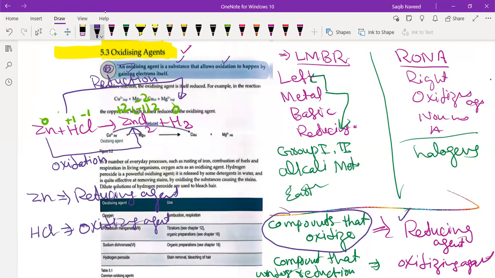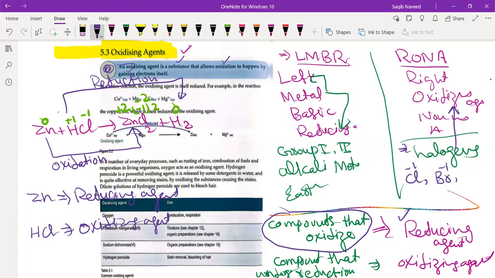For example, what I have told you for the concept is that halogens are oxidizing agents, right? So what are the examples of halogen? Cl. What is the charge on Cl? -1 usually when it gains an electron. So halogens are undergoing the process of reduction and behaving as oxidizing agents.